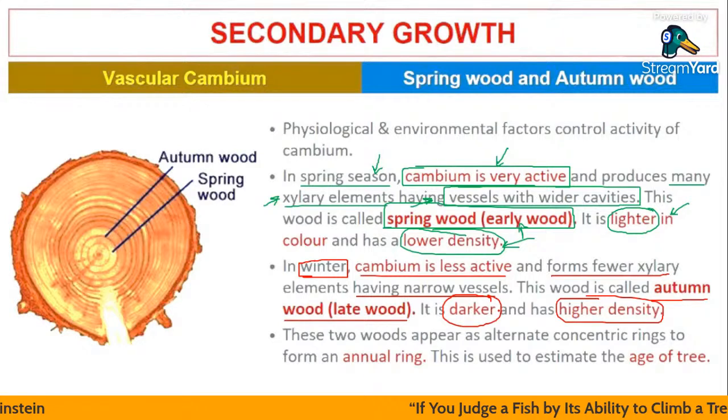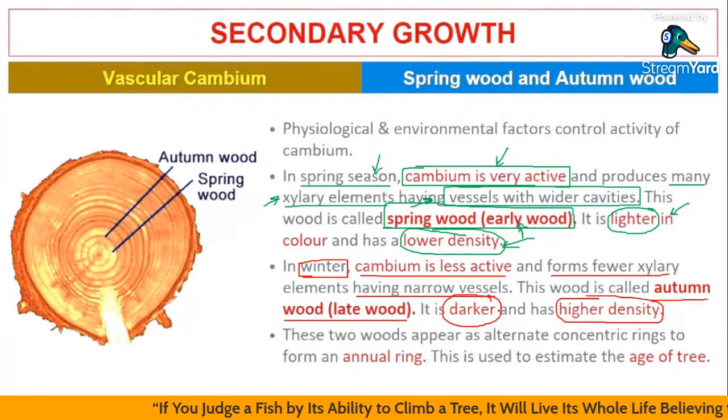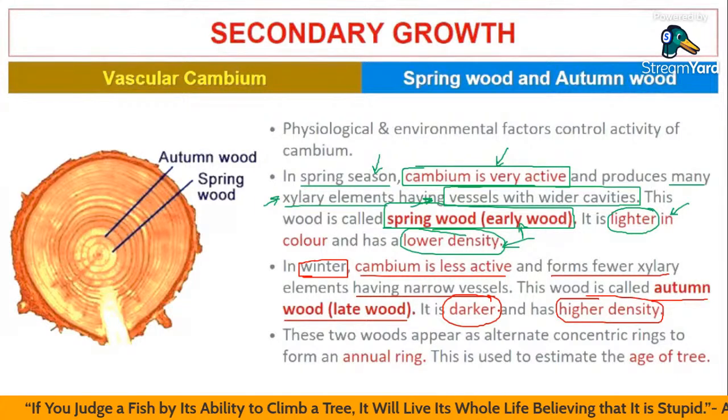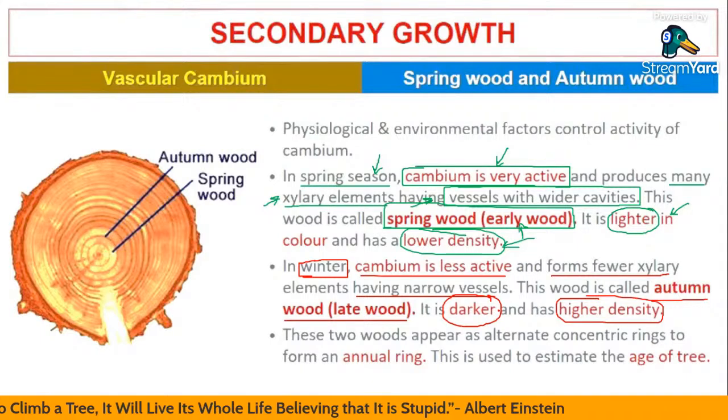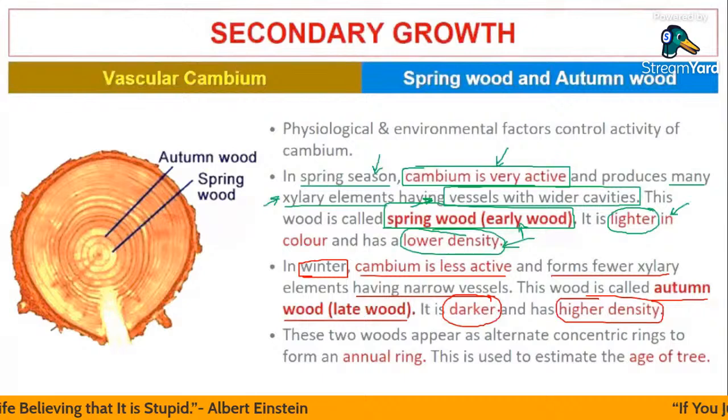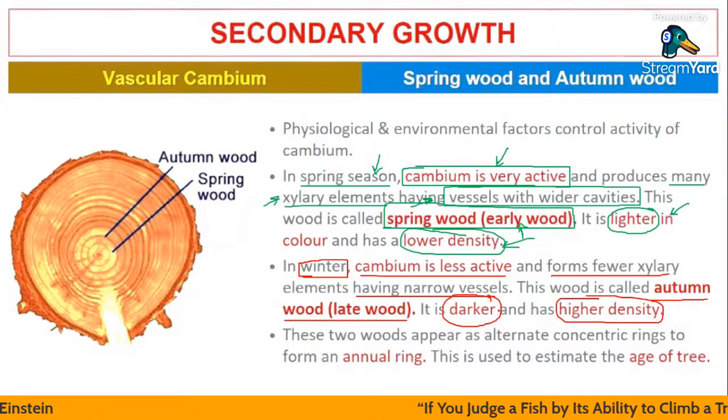Clear? I hope it's perfectly fine for each one of you. So the differences between spring wood, early wood, autumn wood and late wood: four terms we have studied and four different properties also. Clear?